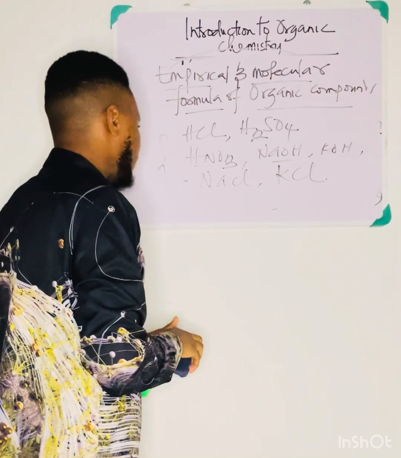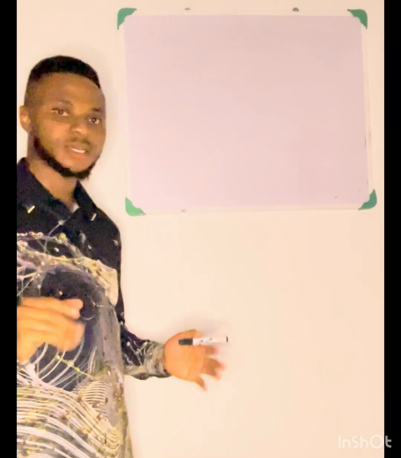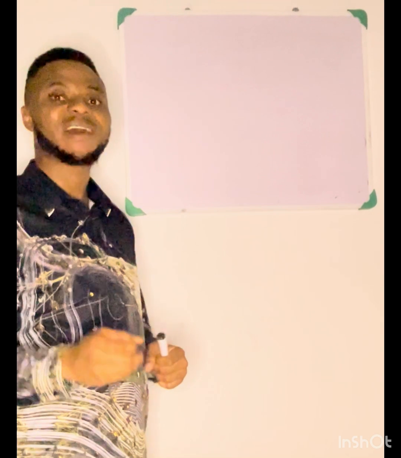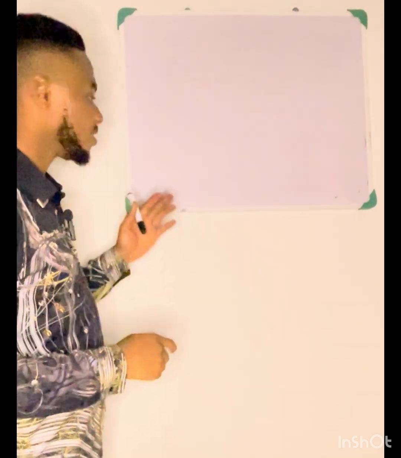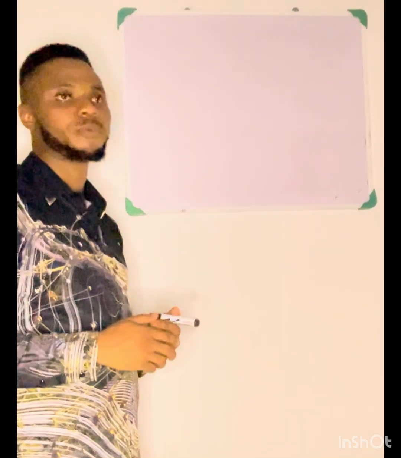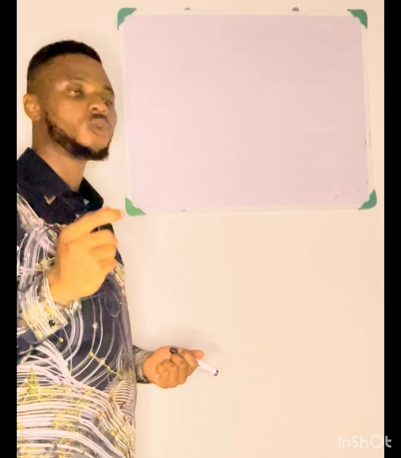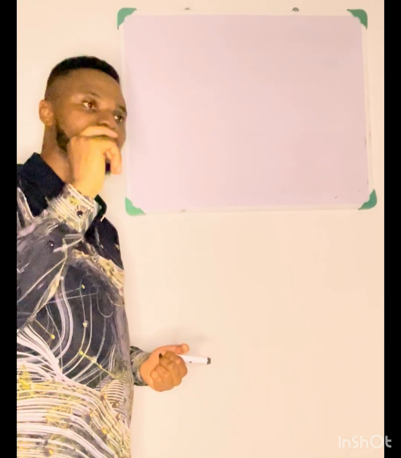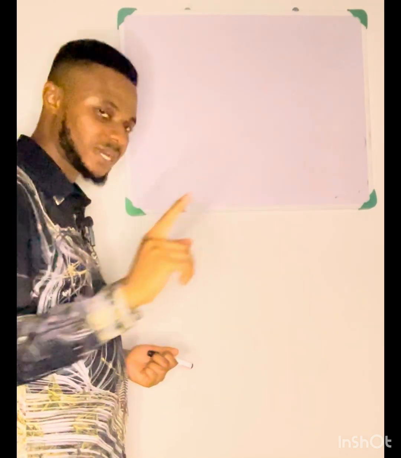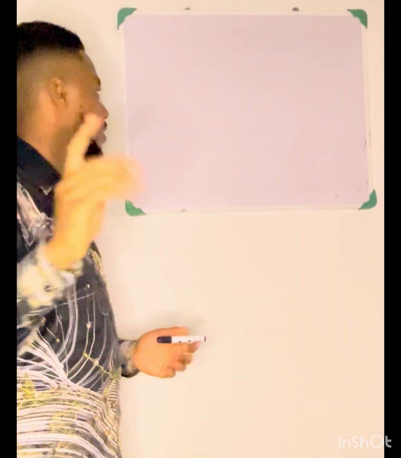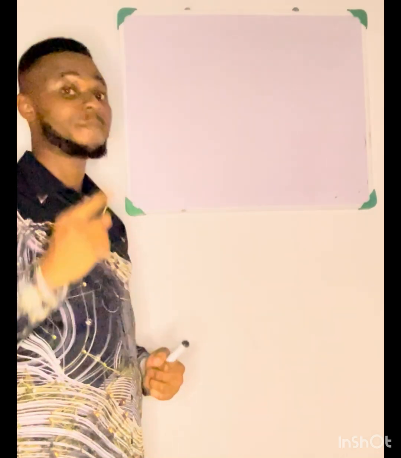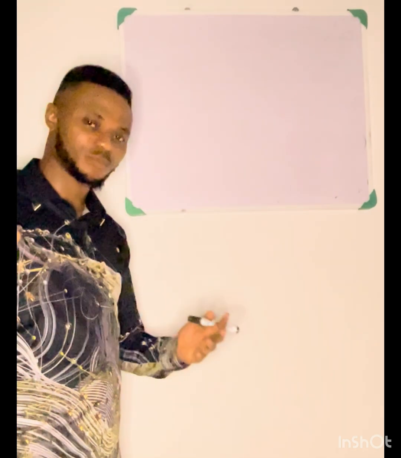As I earlier said, empirical and molecular formulas are very crucial in identifying organic compounds, and it's very important to understand that they are also a huge factor in the basic analysis of organic compounds. Now, let us look at the question that will help us to appreciate empirical and molecular formula the more.